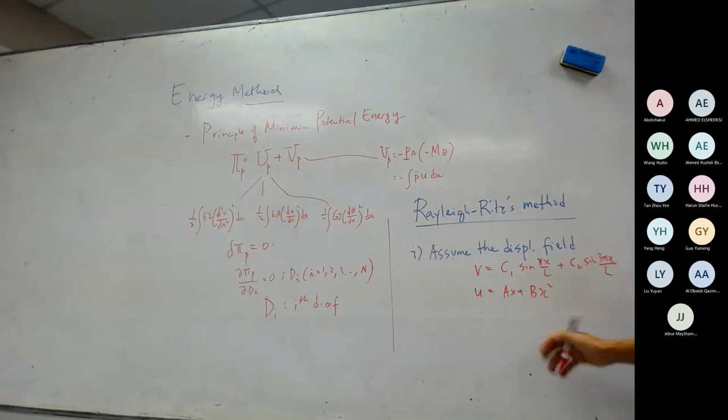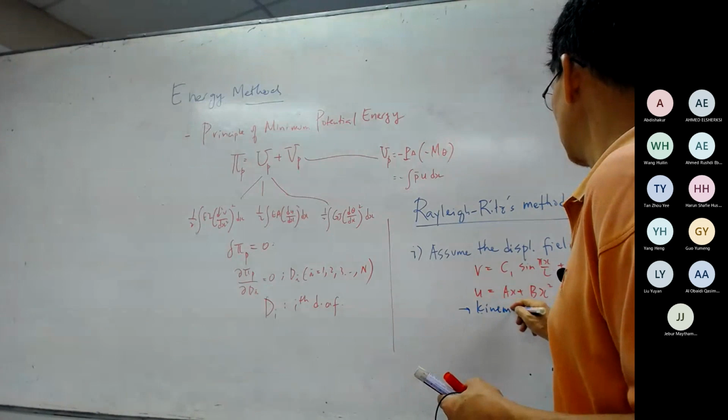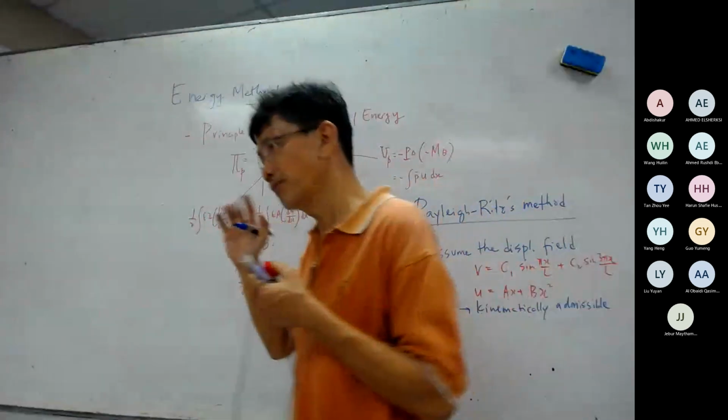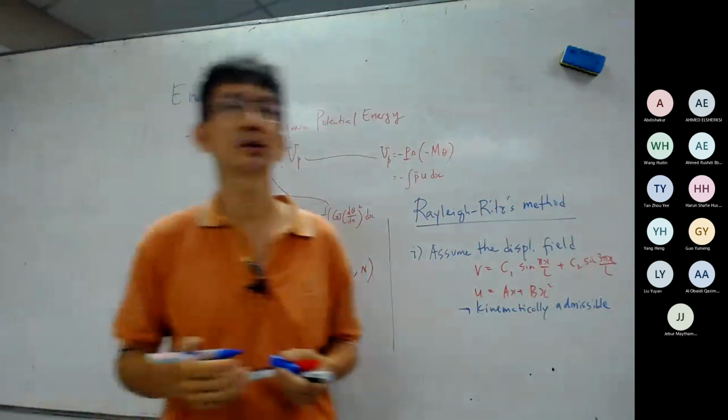Then you have to make sure that this is kinematically admissible, meaning that it satisfies the boundary conditions. It must satisfy the boundary conditions of the problem given to us, only the displacement boundary conditions.